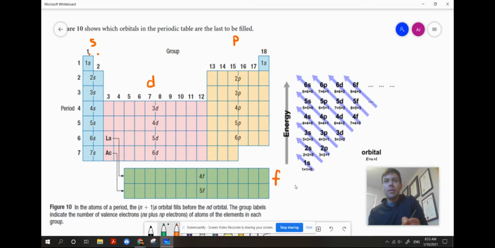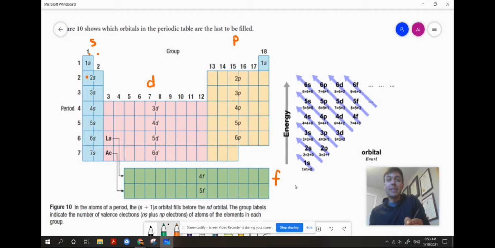So these blocks are given their names because the electrons in the highest energy sublevels are being filled for elements in these blocks. So for example, let's say we pick lithium, element number 3 right here. Lithium is in the s block and in the second period.